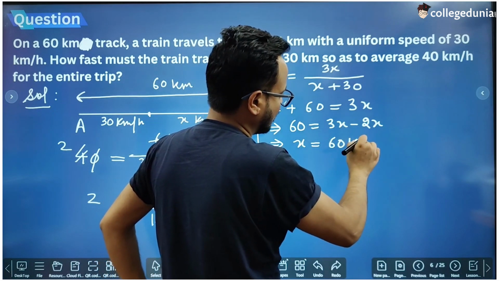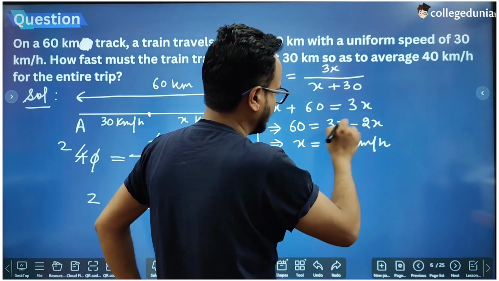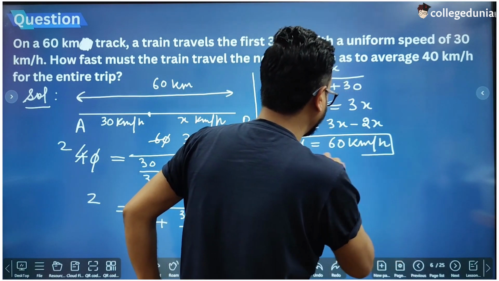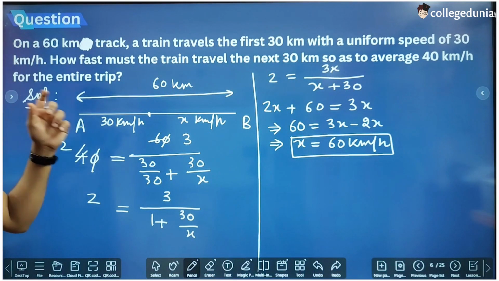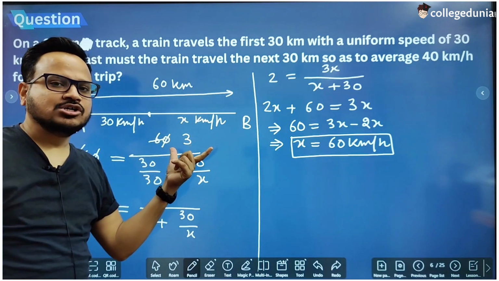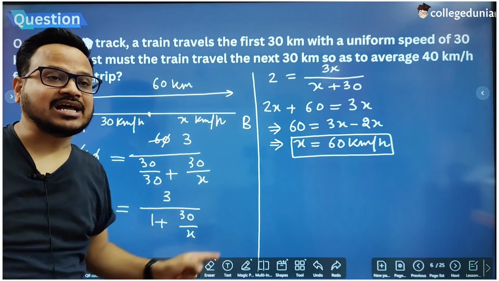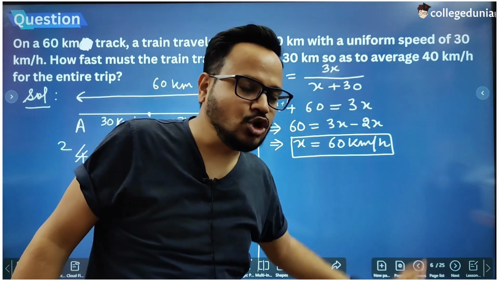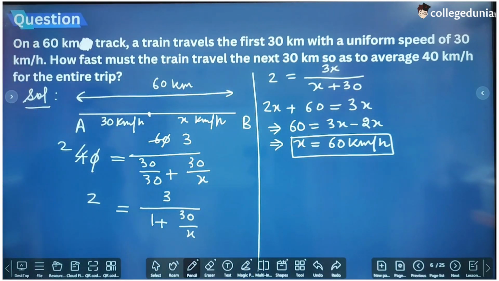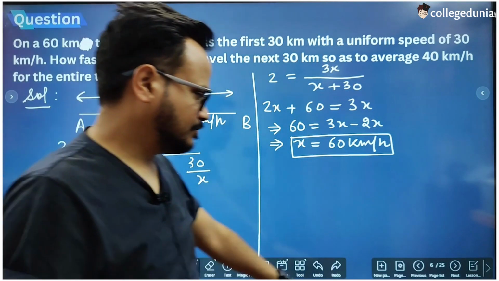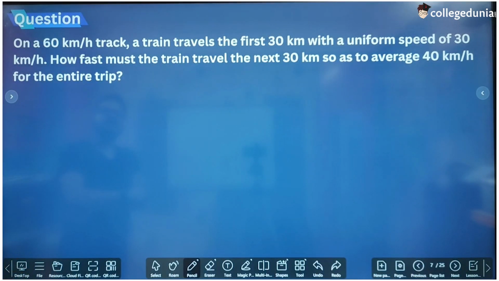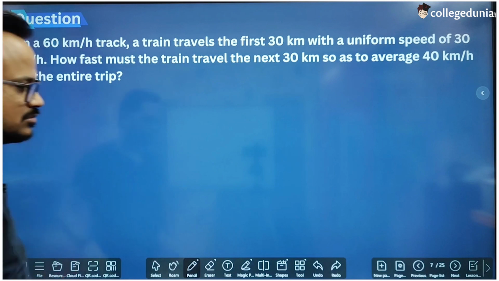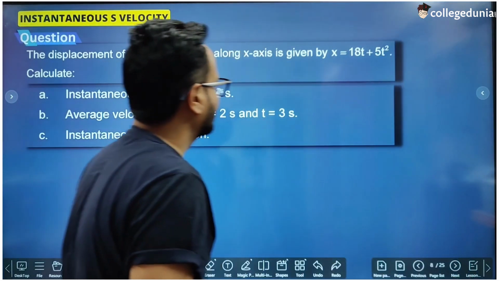So the train should travel at 60 km per hour for the second half, and the average speed for the entire trip will be 40 km per hour. Correct? Next. Repeated slide, this is done.